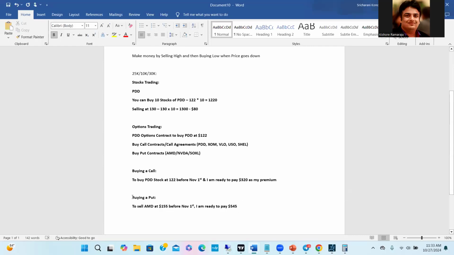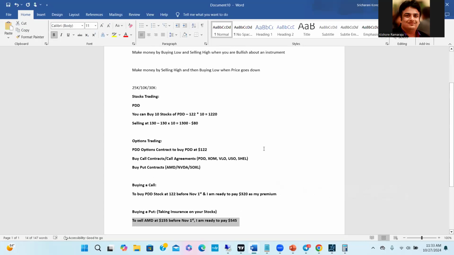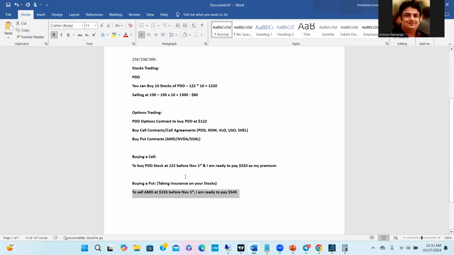In the same way, when you are buying a put, it is just like taking insurance on your stocks. Or again, you don't need to hold the stocks. If you want to buy a put on AMD, it doesn't mean you have to have AMD in your account. Even though you don't have AMD in your account, you are bearish about Nvidia. You are bearish about PDD, or you are bearish about, oh sorry, not PDD.